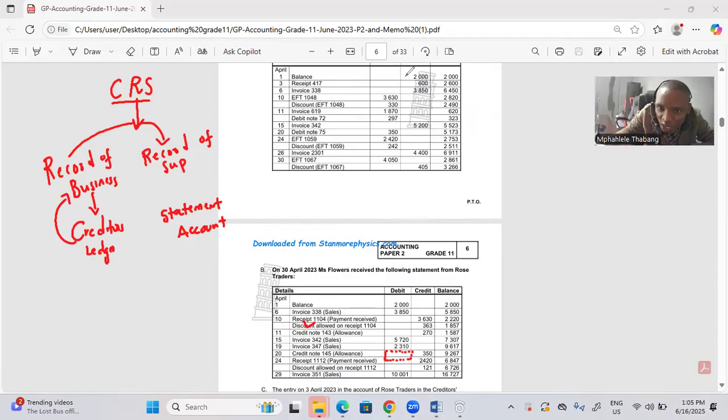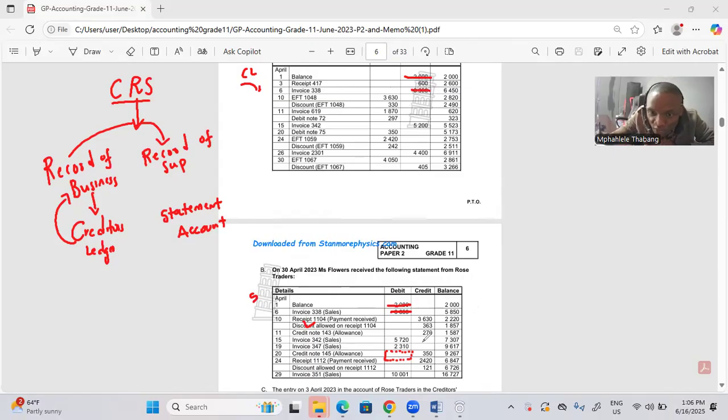So I see 2,000 on the creditors ledger. It cancels this one on the debit. I see 3,850. It cancels this 3,850. I'm comparing the credit side of the creditors ledger, this is the creditors ledger here, guys, with the statement which we have received from the supplier.